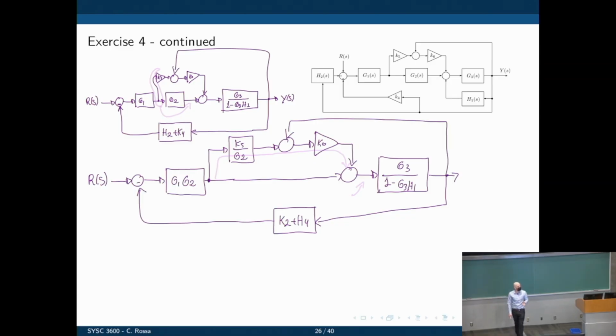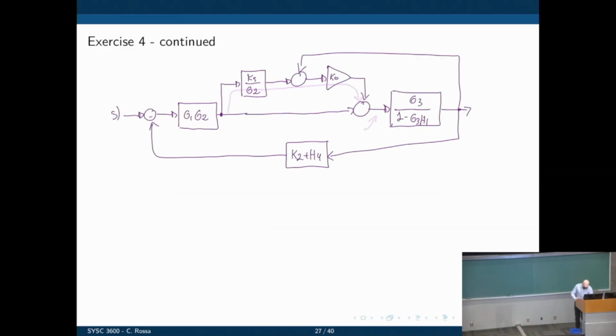You wouldn't, right? What we could do here, let me copy this to another slide. What I'm proposing is to take this K6 and not move it, but add this K6 to this block. So we would have something like this, R of S. Now I'm warning you, this is a bit tricky to see, but let me do it anyways.